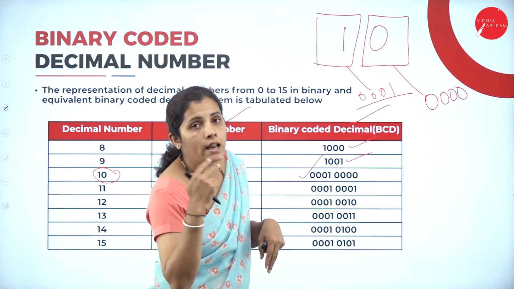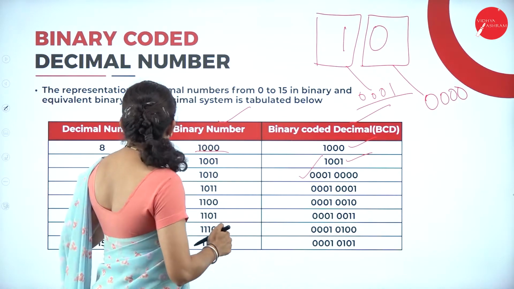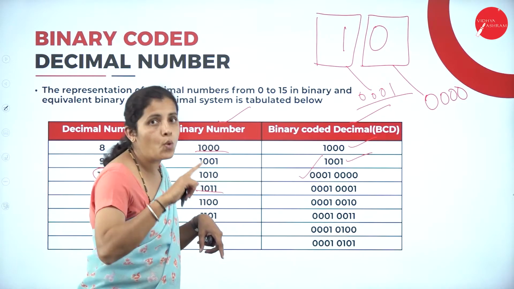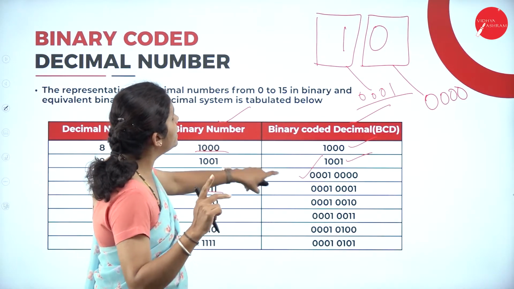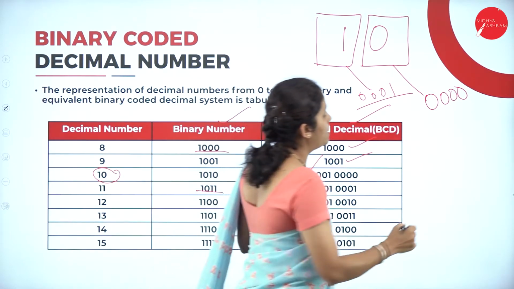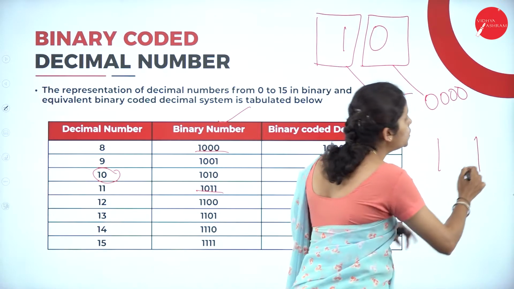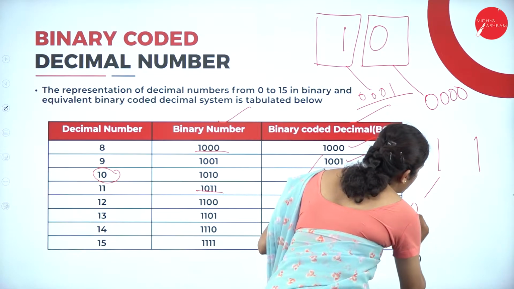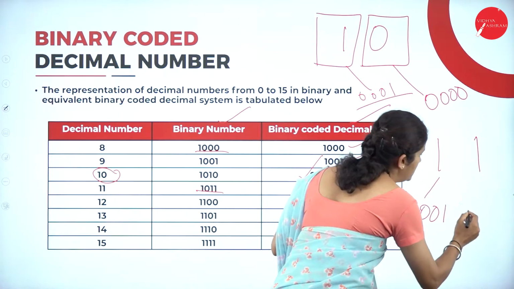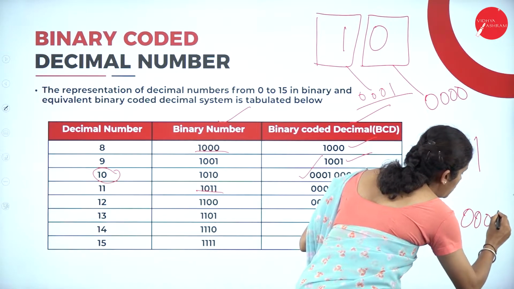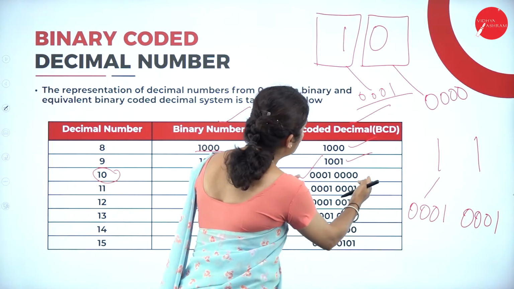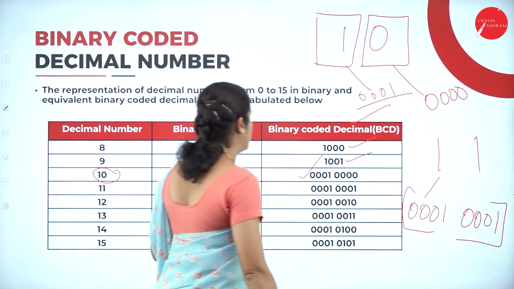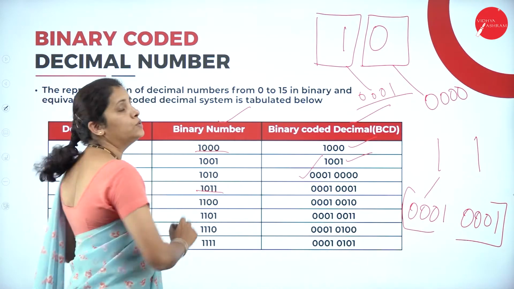Then what about 11? Once again, the binary representation is 1011, but for BCD, I'm going to consider 2 separate digits. Then I'm going to write the BCD code for each digit, writing these 2 groups of bits together. Then what is 12?